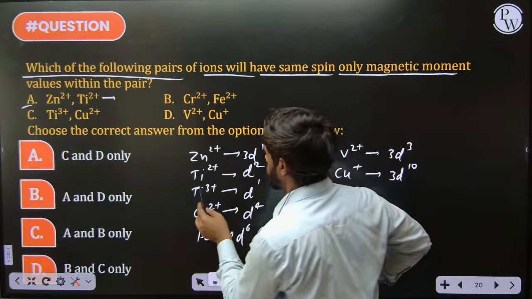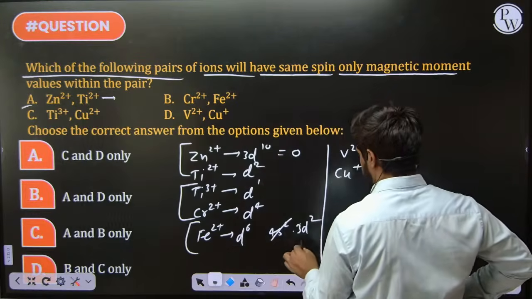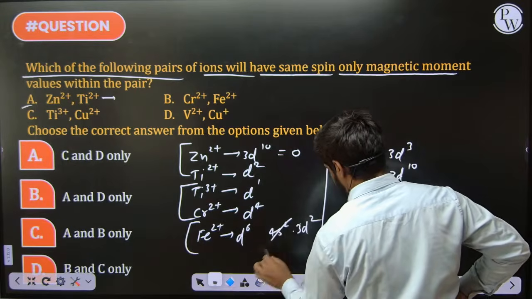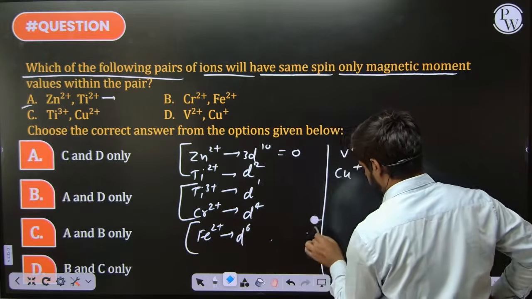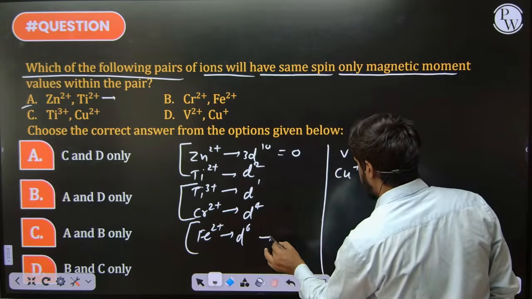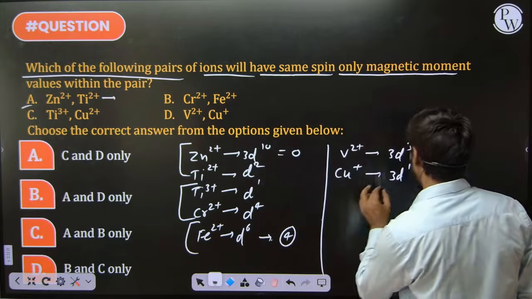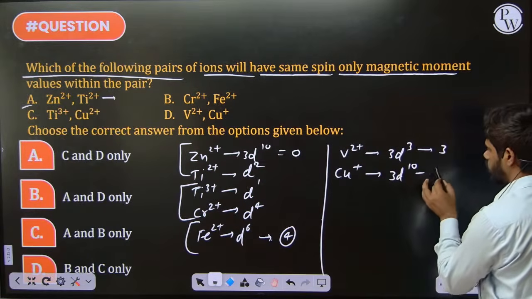So the pairs of elements are given. In the case of 3d6, the number of unpaired electrons is 4. Here it is 3, here it is 0.